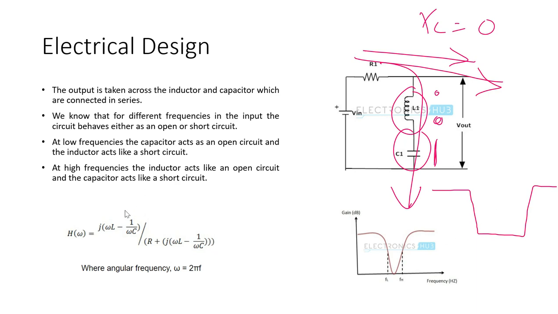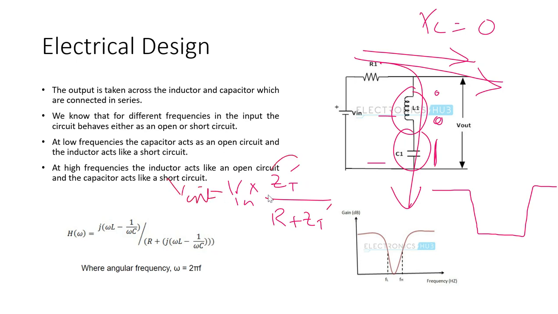Its system response, or V out, can be calculated as V in multiplied by the impedance in this and this, so we will call it ZT dash, divided by R plus ZT dash. That will be equal to our V out.